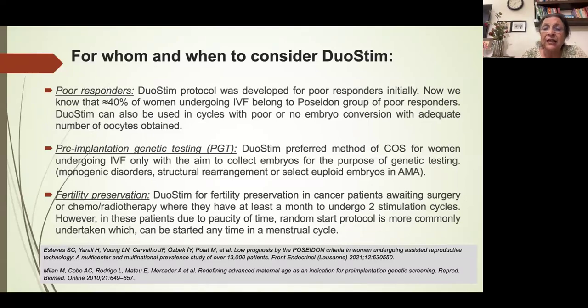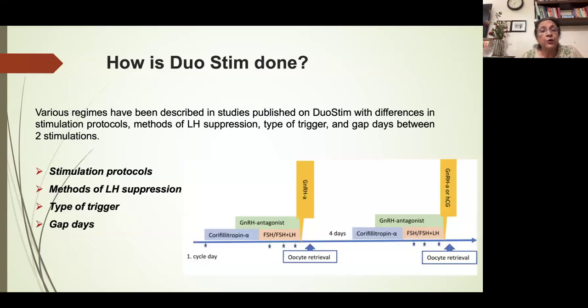But if they have very little time, just 2 weeks is given to us for collecting oocytes, then they go for just a random start protocol, which generally ends within 2 weeks. And we can start at any time of the menstrual cycle. I tell you, you do it and you will get good results, whether you start it 4 days before you are thinking ovulation will happen, or 6 days before, or in the luteal phase.